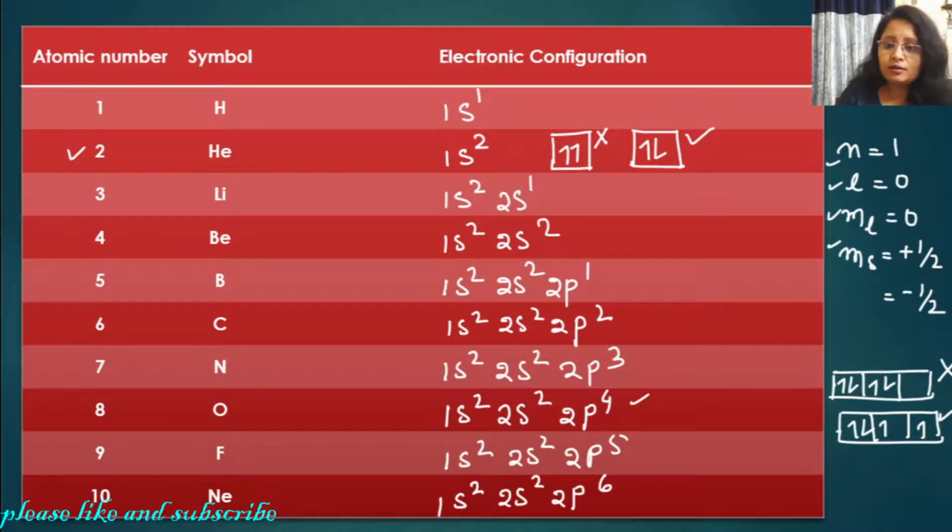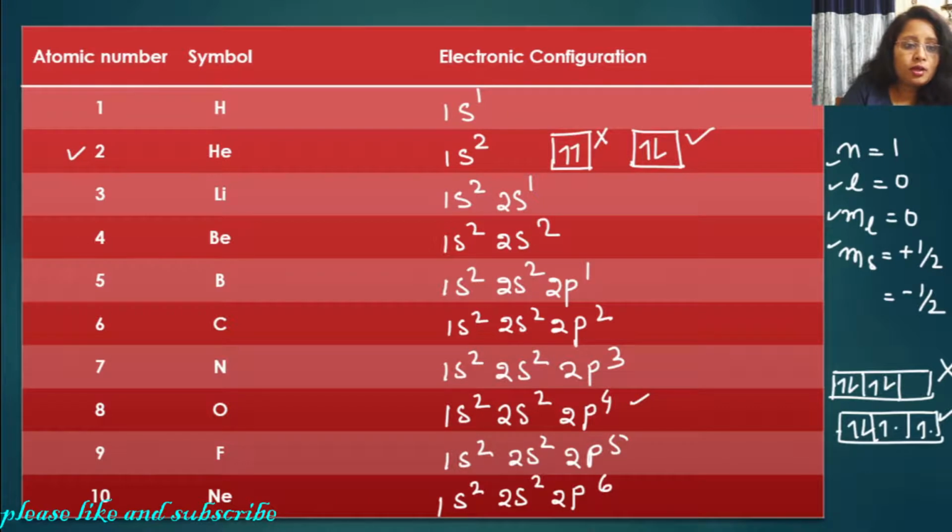So after giving 1, 2, 3 electrons in separate orbitals, the fourth electron will go into the same orbital again and pairing will start. Then if it is 5, it will come over here, and if it has 6, then it will come over here. This is called Hund's rule of maximum multiplicity, and this is the correct way of filling up the electrons in the orbitals.